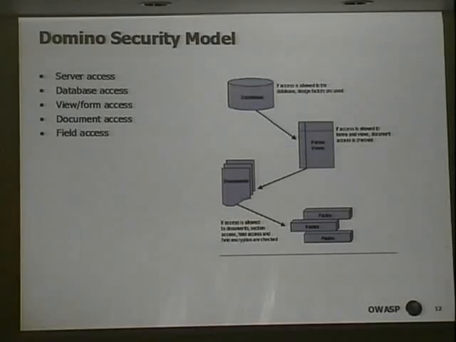Actually, Domino itself provides a very good access control model. It has a five-level authorization track: server level, database level, view level, document level, and field level. So if you want to access a document, you need to pass the levels before it. For example, if I say Jian has no access at the database level, even if I explicitly give reader access on a document, it's not going to work.